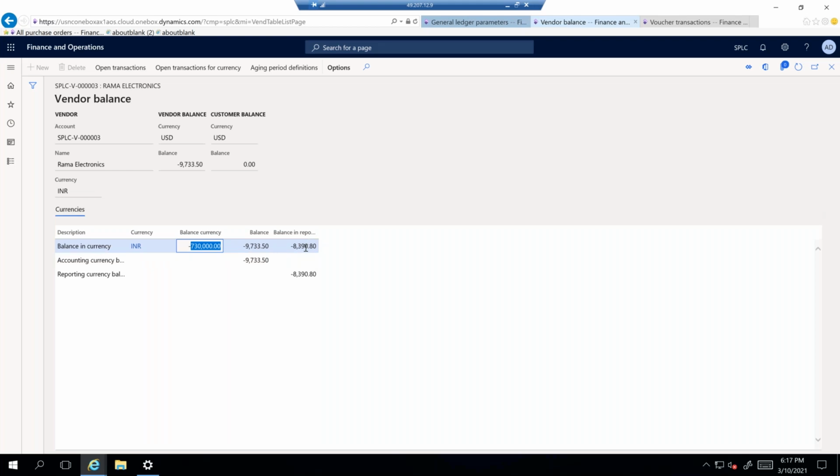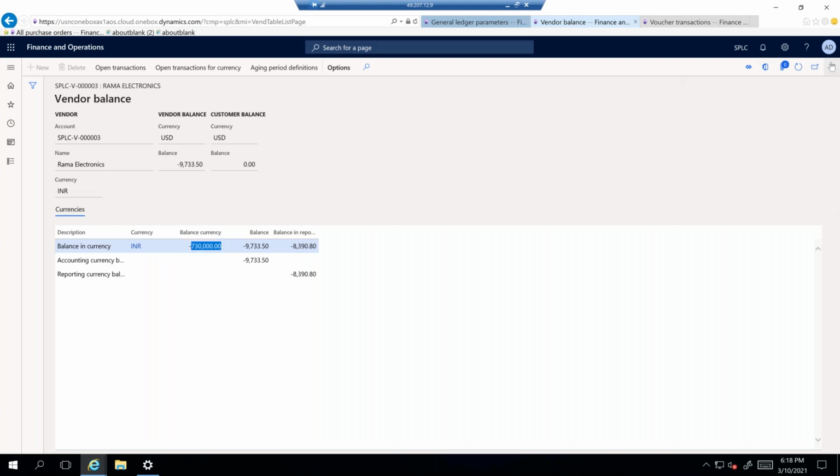This amount should be paid by this company to the Indian vendor. Now it is a gain for them. Instead of 10,000, he is paying 9,733.50. So instead of earlier it is 8,400 something, now he is going to pay 8,390. It is euros. Understood?